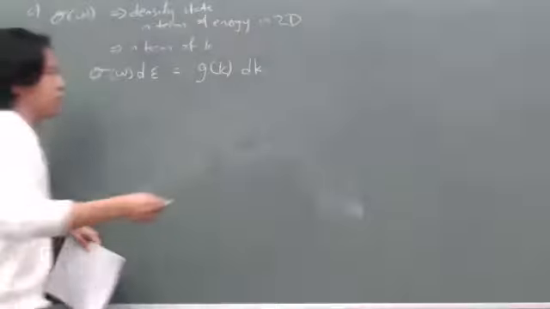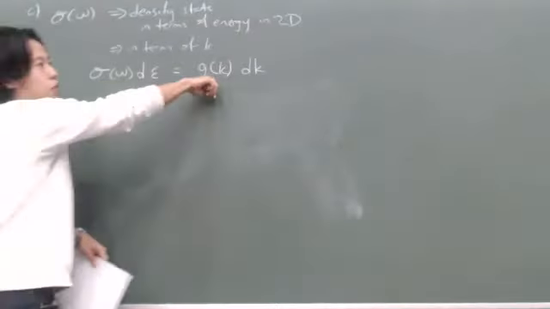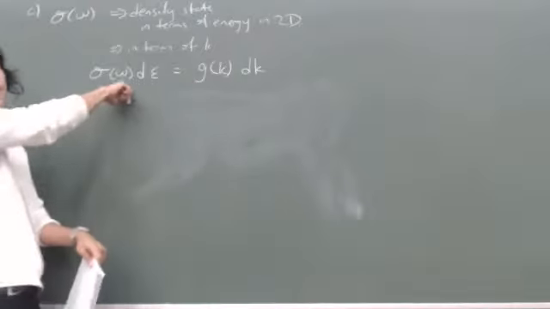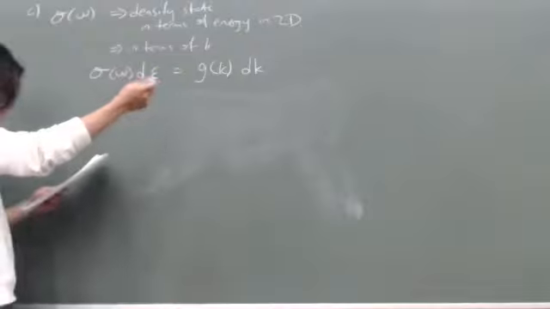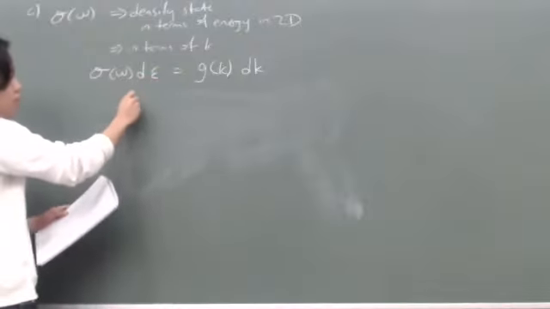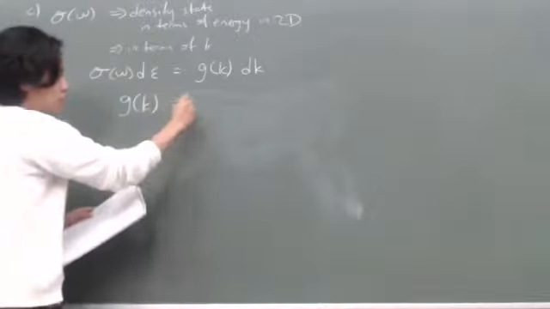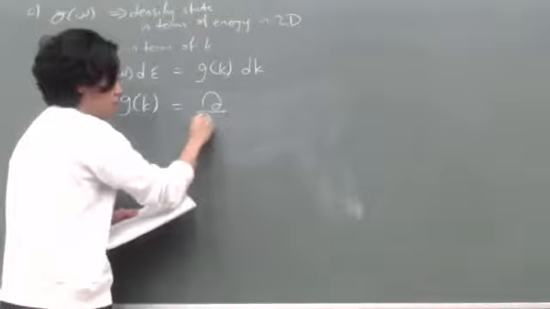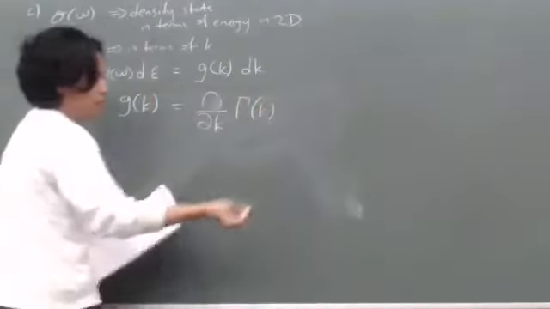Okay, so the goal is to figure out this, and indirectly, if we figure out this, then we can get that. This is a bit easier to figure out in this case, because this is kind of by definition. The g of k is the degeneracy, and that's equal to the derivative of your density of states in k space.